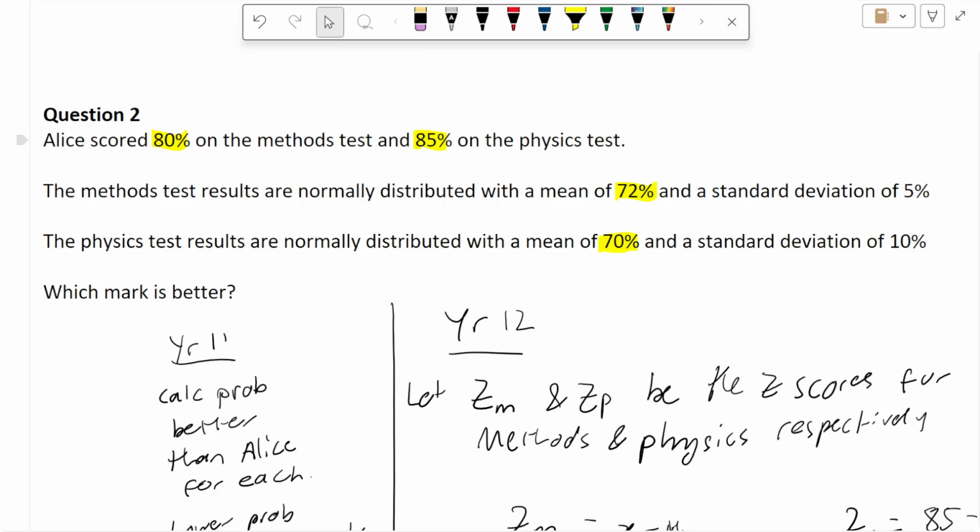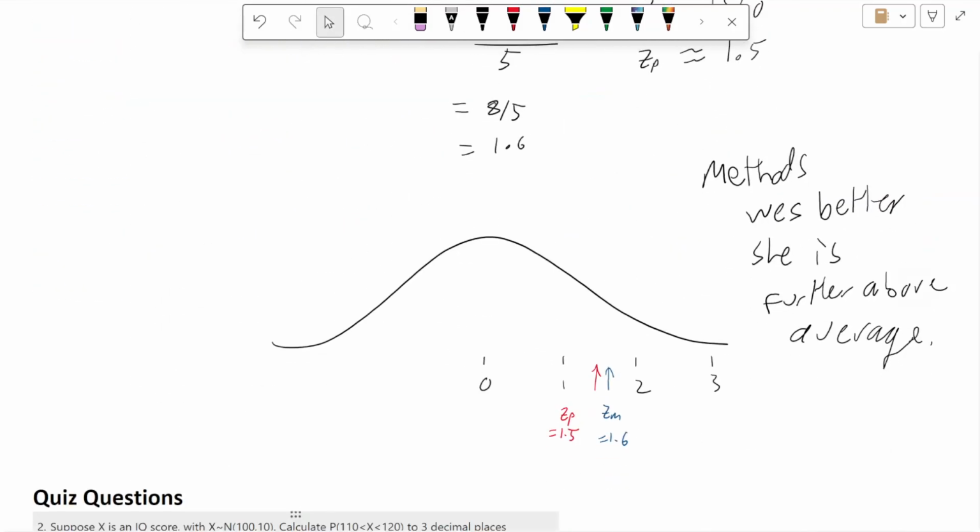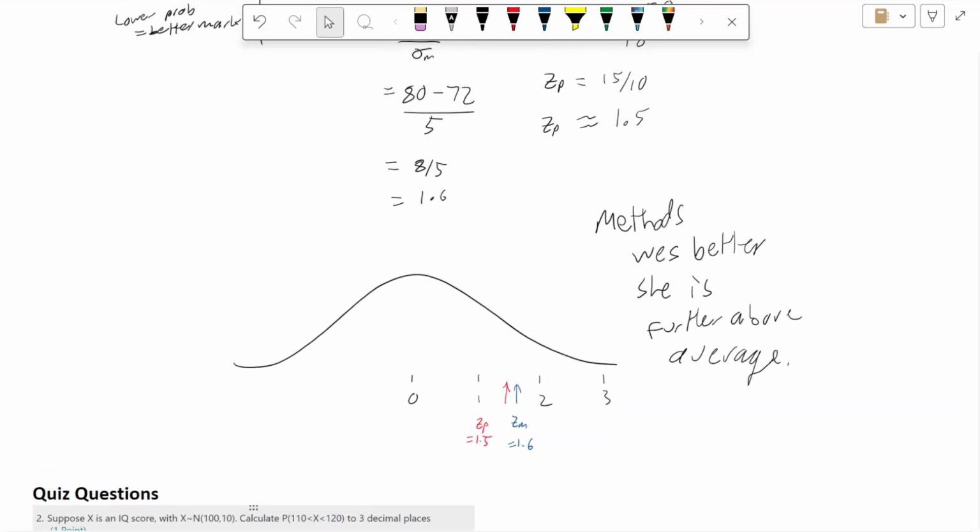She was 15% higher than the mean for physics, and only 8% higher for methods, so you would think physics is better, even if you look at the averages. But physics is much more spread out than methods in this example. So every extra 5% that you can get for methods is a lot more substantial than the extra 5% for physics. It's not until you factor in her score, the means, and the standard deviations that you can conclude that methods was a slightly better result in this example.